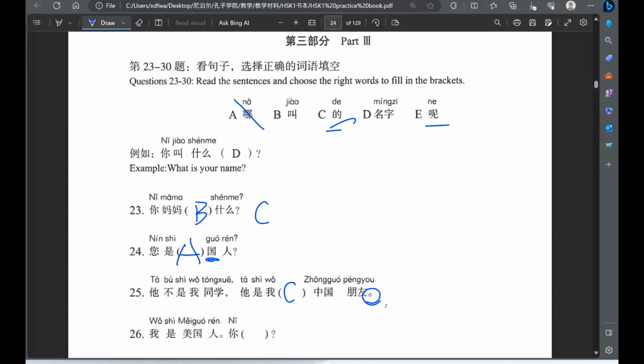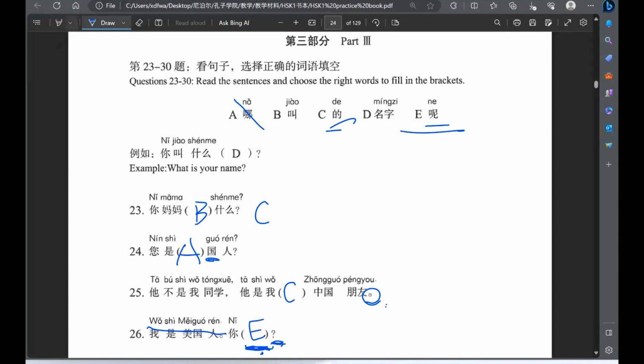26. Question 26. 我是美国人你 something here and question ending. Actually, even if we don't know the meaning of the first half of the sentence, we can tell from this bracket that it is at the end of the sentence and with a question mark. So only E fits this situation, right?